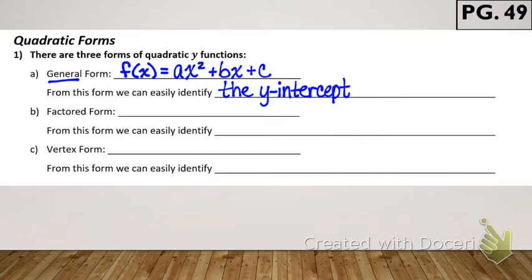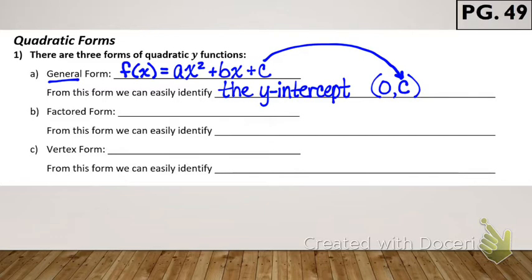The y-intercept, when it's written in this form, always starts with a 0, and then where it crosses the y-axis will always be my c value. With slope-intercept form, that's your b value, right? y equals mx plus b. In this case, it's your c value. It's the one that doesn't have any variables with it.